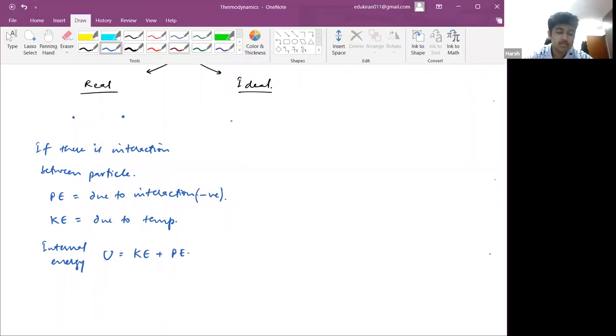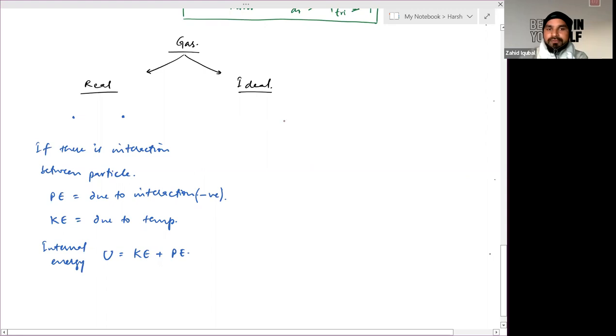Now, suppose in a gas there is no interaction between particles of gas. So potential energy in this case will be zero, since there is no interaction.